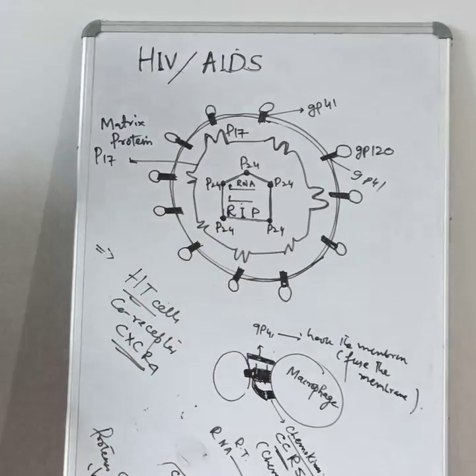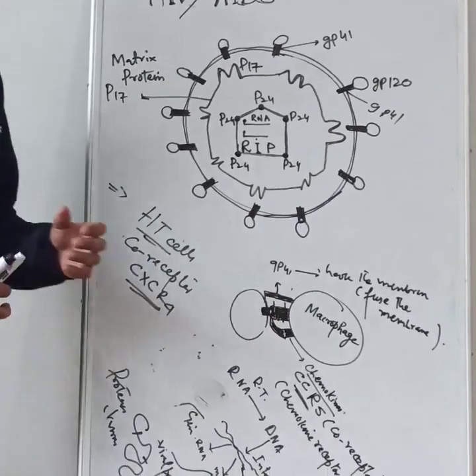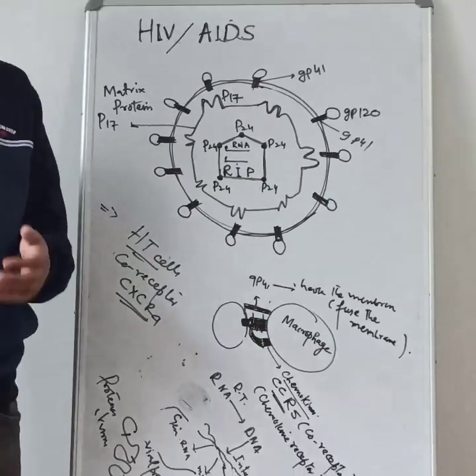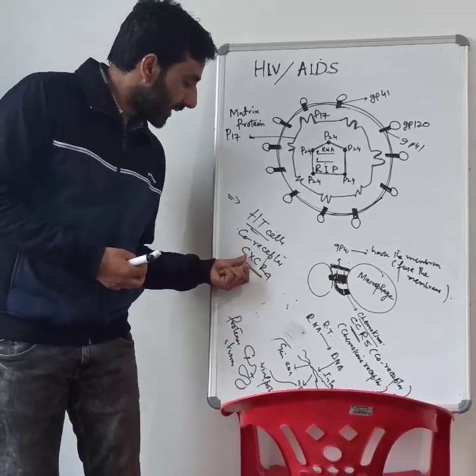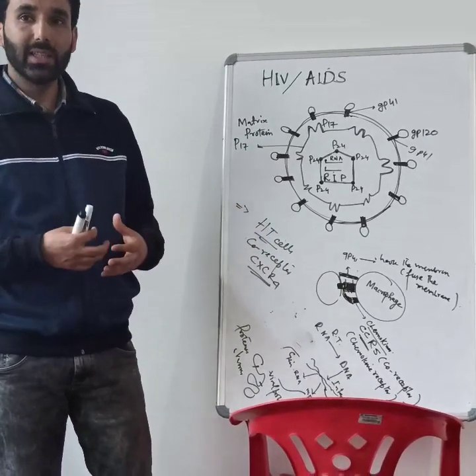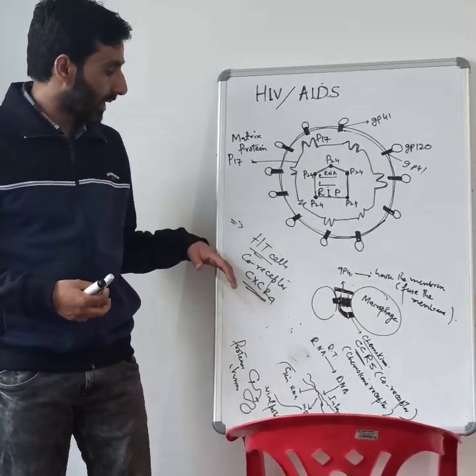Helper T cells have another co-receptor, that's CXCR4. Initially the virus tries to bind with the macrophage, and then after many generations it is in a position to bind with this co-receptor of the helper T cells. That's why initially they will bind with the macrophage and will not try to bind with helper T cells.